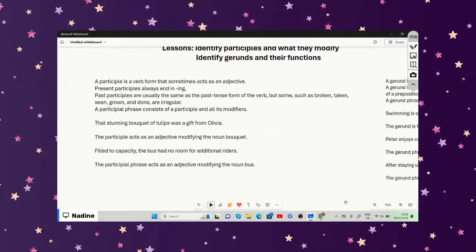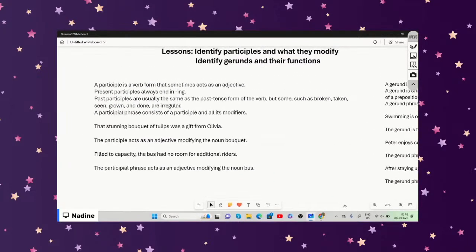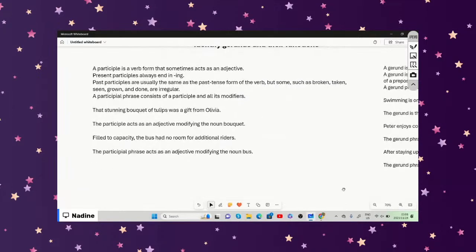So we're going to start with identifying participles and what they modify. So a participle is a verb form that sometimes acts as an adjective. Remember, an adjective either tells us about the noun or modifies a noun.